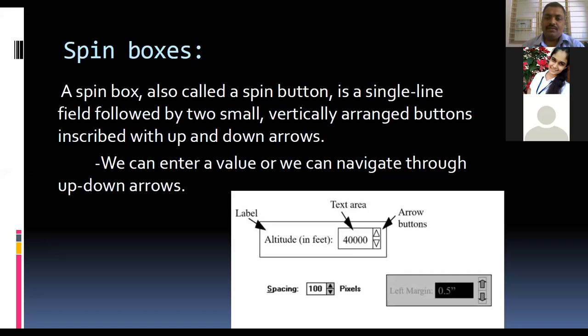It may depend. As you click the up arrow button, the particular value will increase. For example, it can be used even for your age sometimes. So what is your age? If you mention any value, it can be automatically increased or decreased by just pressing the up or down arrow. This is the best example for spin boxes.